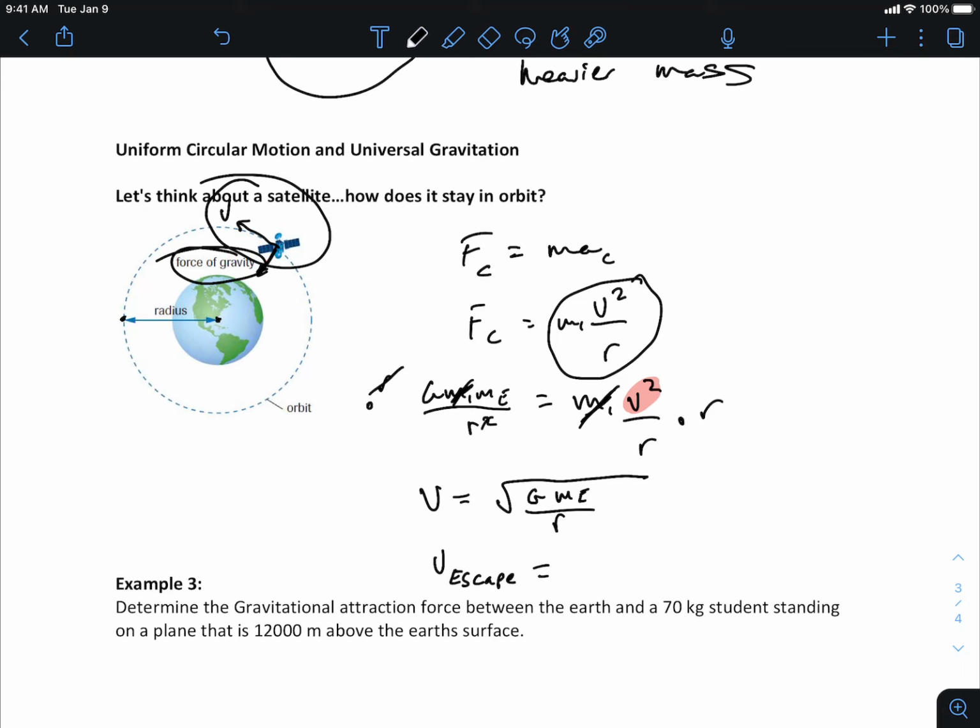It's the velocity that you need to attain in order to escape the force of gravity that the Earth has on you. So if you have a velocity greater than this, then you're able to escape. You get out of orbit.